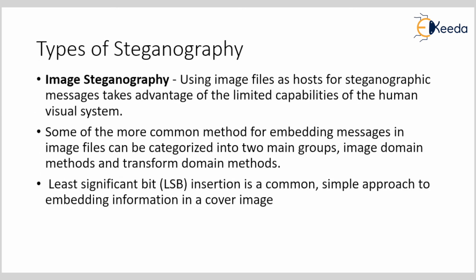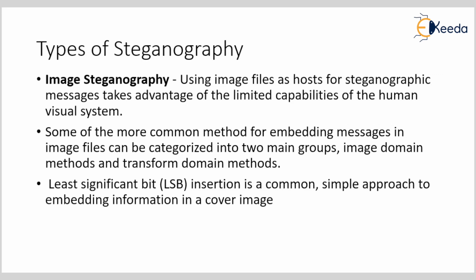Another type of steganography is image steganography, wherein we use image files as hosts for the steganographic messages. We can take advantage of the limited capabilities of the human visual system. For this type of steganography, we use compression techniques, that is lossy compression and lossless compression, wherein we compress those pixels which are irresistible, or we can say which are not resistible by the human visual system, because the human visual system has limited capability of visualizing those minute pixels of your images.